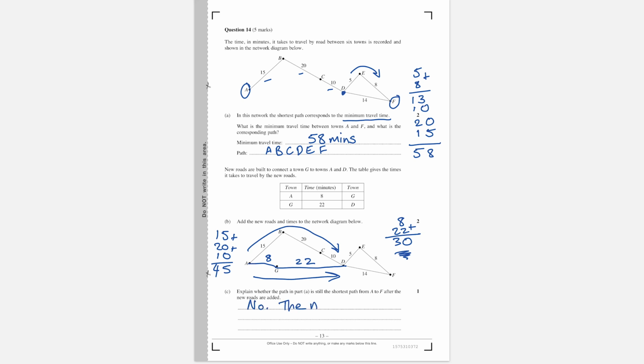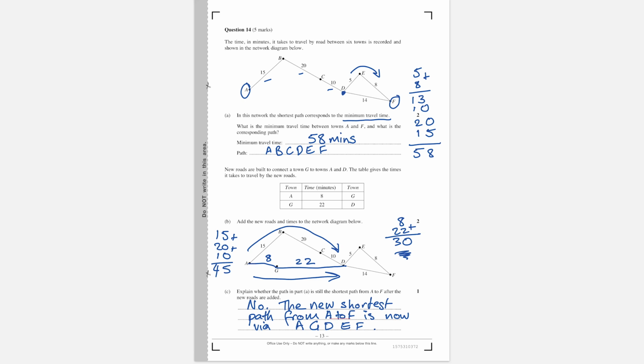the new shortest path from A to F is now via A, G, D, E, F. Great.